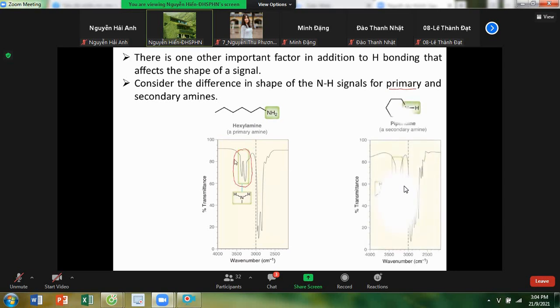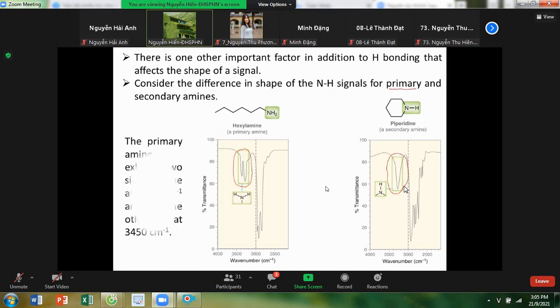And then you have the typical example for secondary amines, in this case piperidine, and the absorption of the NH group is quite different from that of the primary amines. So what is the difference?